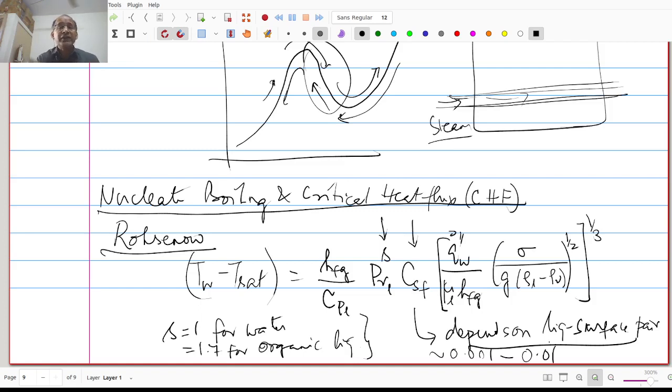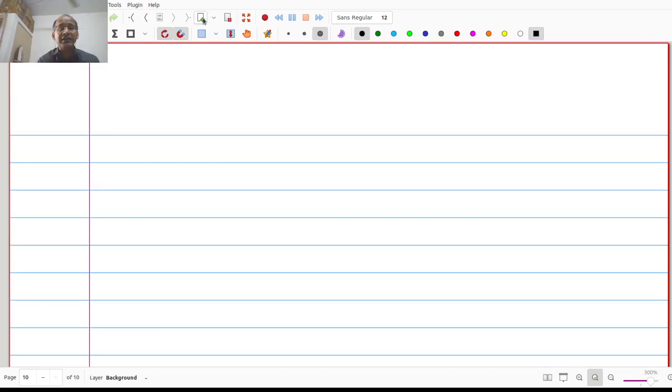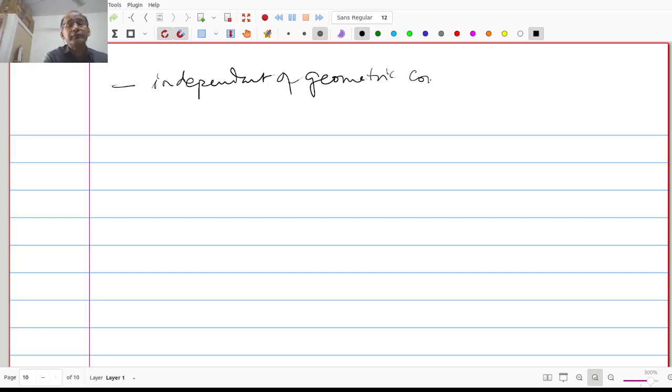Okay, so now this is the thing that Rosenau found, and one interesting thing they found is that it is independent of geometric configuration. Which is a very interesting thing, that whether it's boiling on a flat surface, on the surface of a tube, on the surface of a sphere, or on any other surface, the geometric configuration didn't seem to matter.